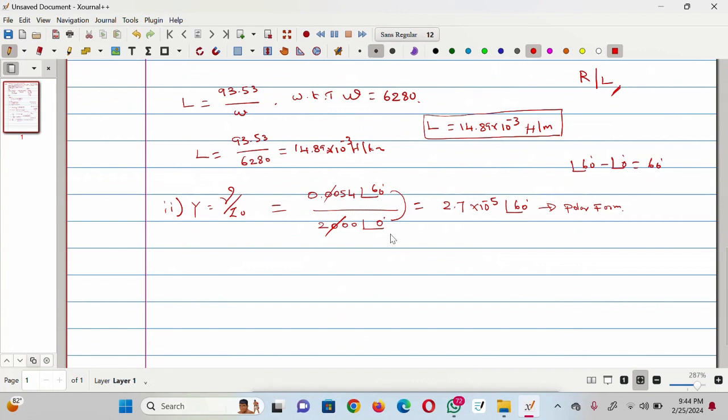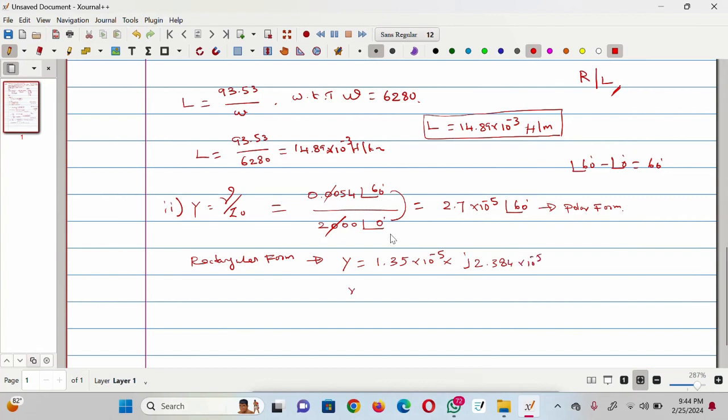In rectangular form, Y equals 1.35 × 10 to the power of minus 5 plus j 2.384 × 10 to the power of minus 5.